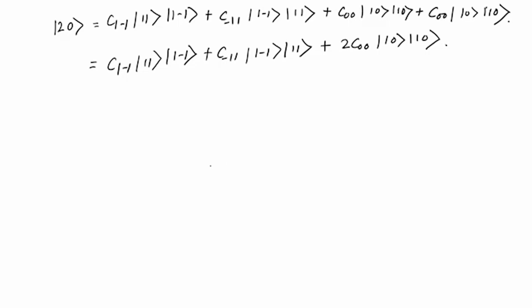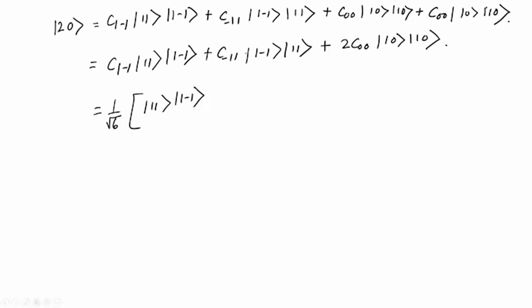Okay. And so, if you normalize it, because there is 1 here, there is 1 here, there is 2 there, so 1 squared plus 1 squared plus 2 squared, which is 4, is 6. So, this comes with a 1 by root 6, and then we have this |1 1⟩|1 -1⟩.